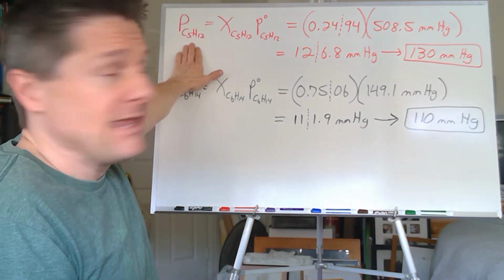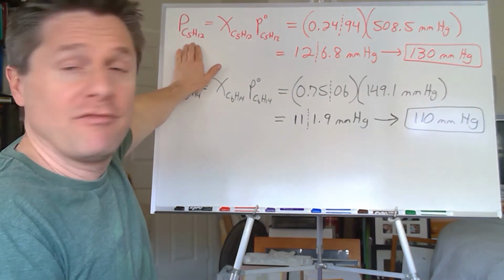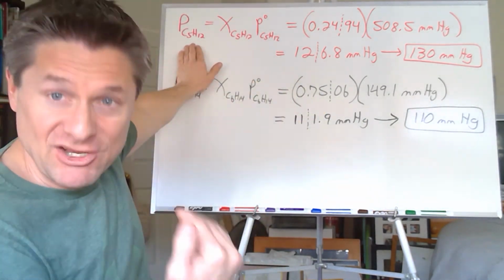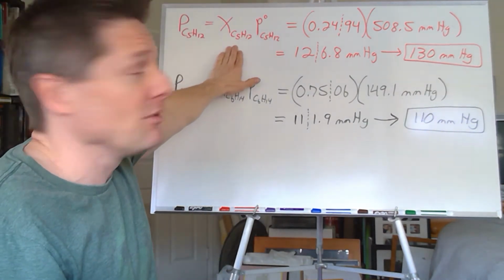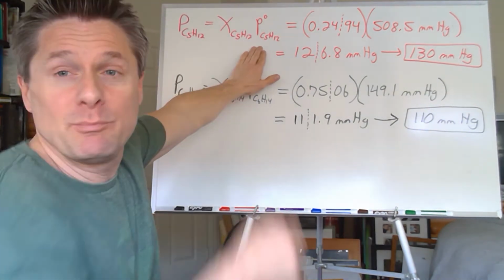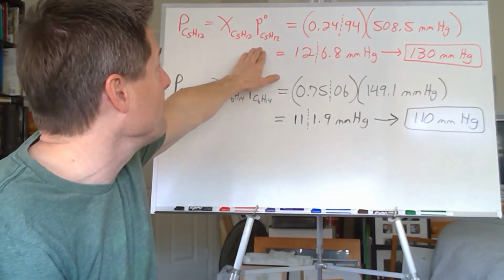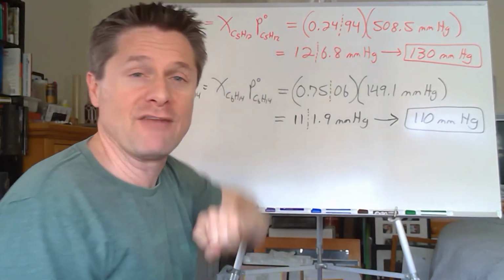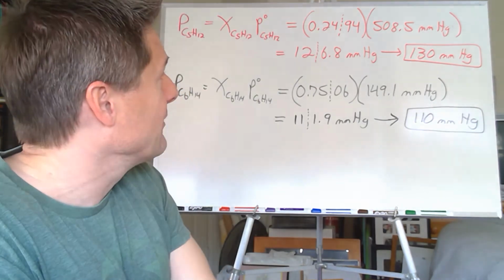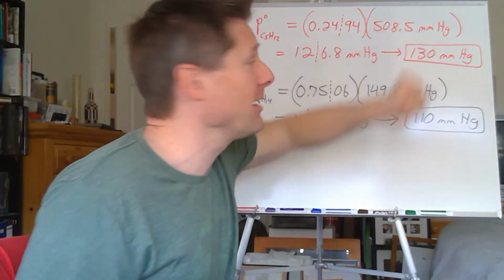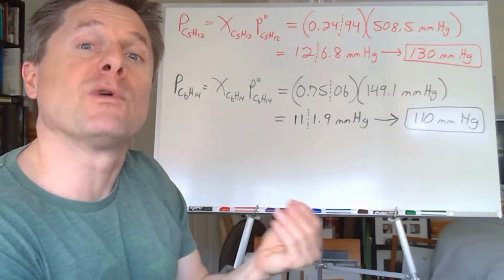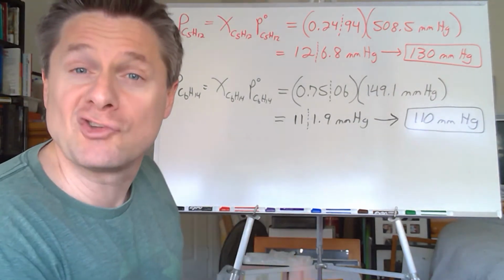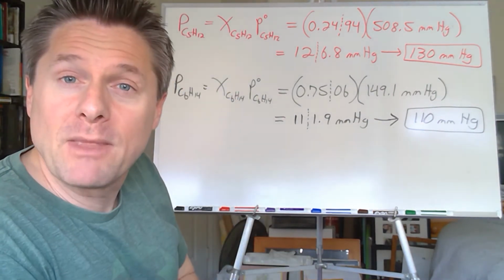So the pressure of the pentane above the mixture, the solution, is equal to the mole fraction of the pentane times its pure vapor pressure, which I provided for you. You always use the non-rounded values. Take the 0.2494, that was the mole fraction of the pentane in the solution, times the 508.5 millimeters mercury, which was the vapor pressure of the pure solvent, the pure pentane in this case.